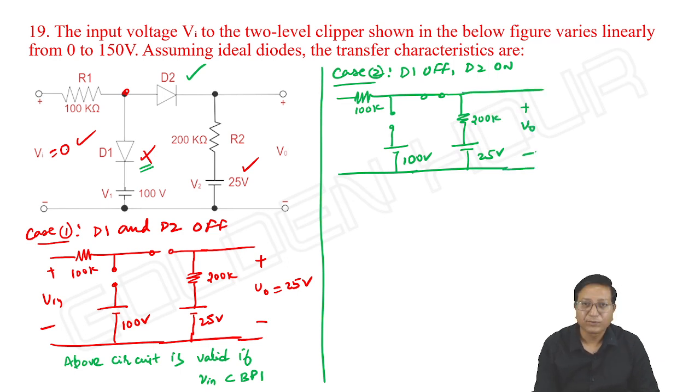Output, okay, so this is input. Now let us find the output here. There is a current flow this way. So what is the output, friends?